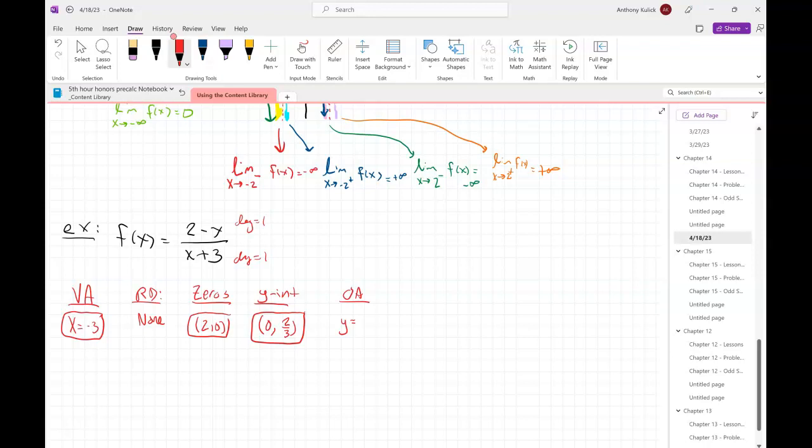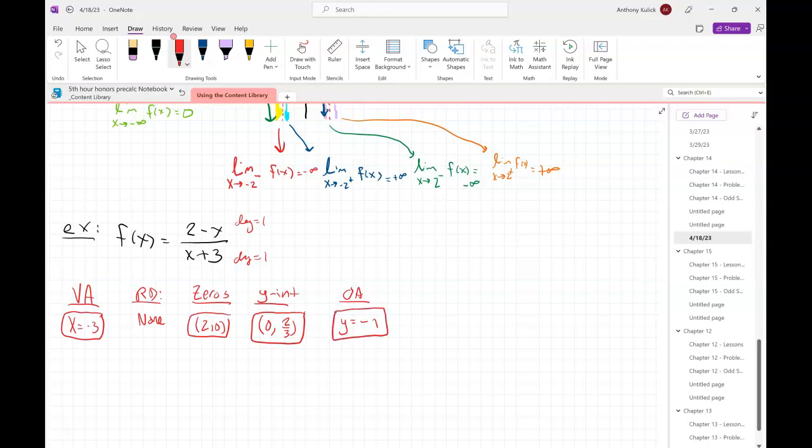So what's the leading coefficient from the numerator? Oh, okay. I was wondering if I could go to IT. Sure, that's okay. No problem. Leading coefficient from the numerator? -1. The leading coefficient from the denominator? +1. So that just becomes -1 over 1, which is -1.